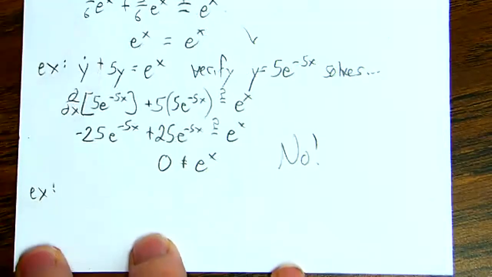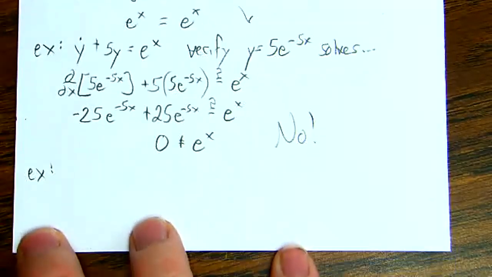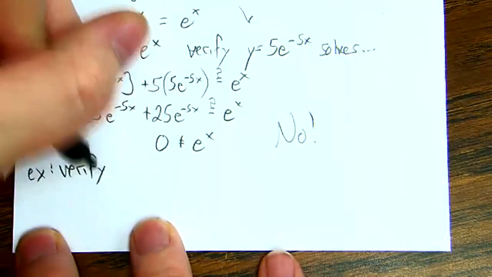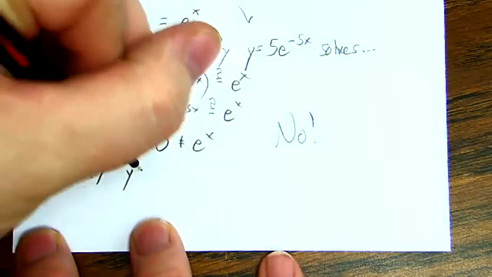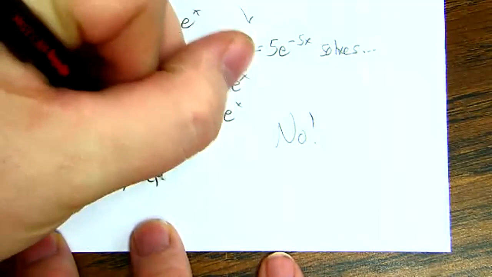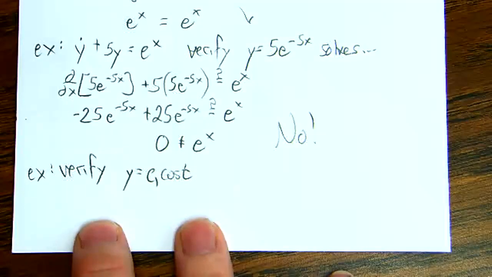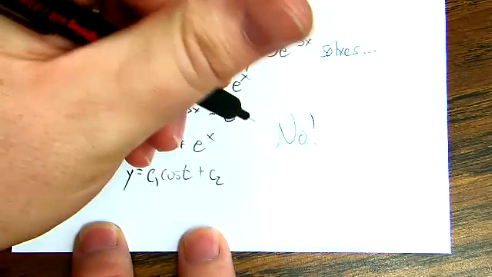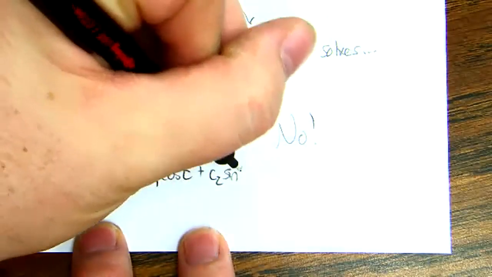One last example. Maybe we want to verify that y equals c1 cosine of t plus c2 sine of 4t.